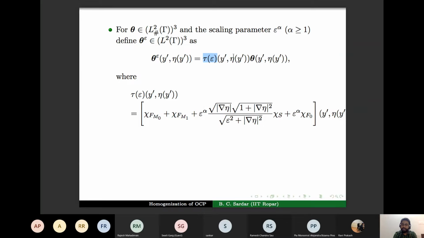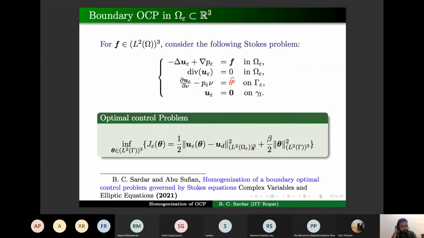You also need the initial condition for eta, with the appropriate weight multiplied by epsilon power alpha, where alpha is greater than or equal to 1. We're going to show that in this control problem, for different values of alpha we get a different limit control problem. Then we extend periodically to the oscillating part of the domain. This is the optimal control problem we have considered in three dimensions, in R3.